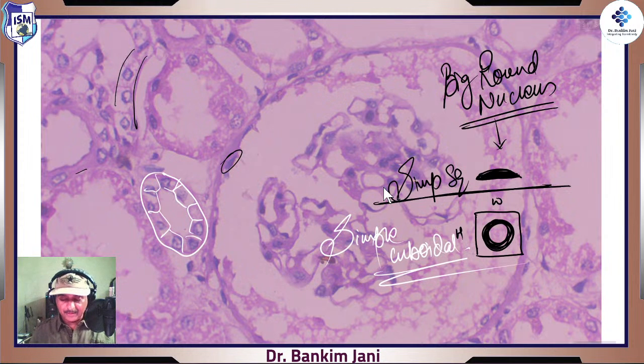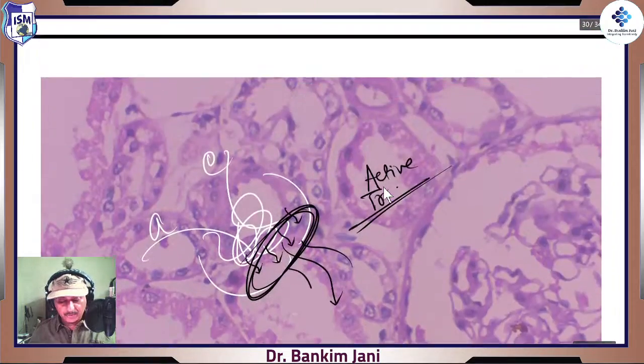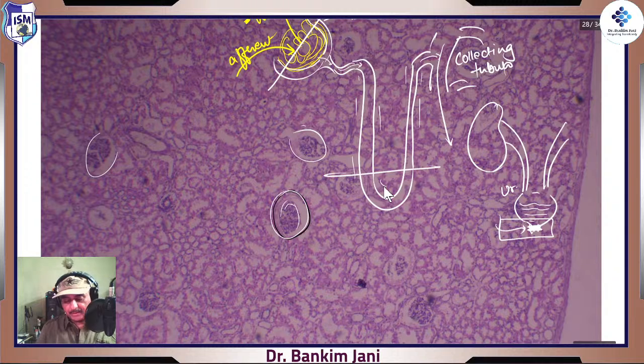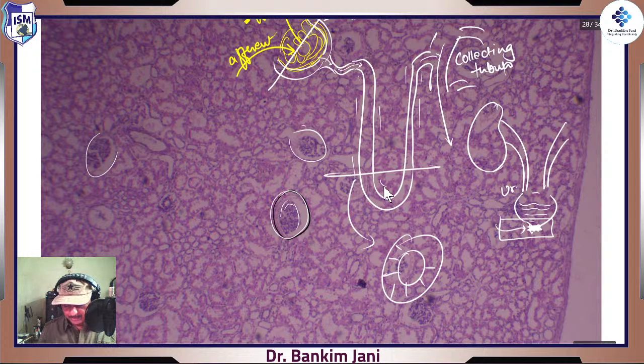This means in kidney, it's so important where you are taking the section. If we take a section here, then this would look like this, because it is a collecting system. So it has big round nuclei.